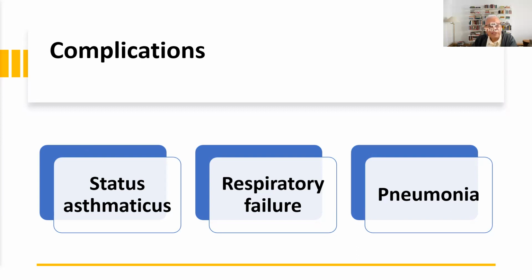If left untreated, asthma progresses to respiratory failure, like we have discussed in the first session here. And of course, the last one is pneumonia. The reason why pneumonia might occur in patients with asthma is because there's going to be mucus that pools in the lungs, and this becomes infected and therefore can lead to the development of pneumonia.